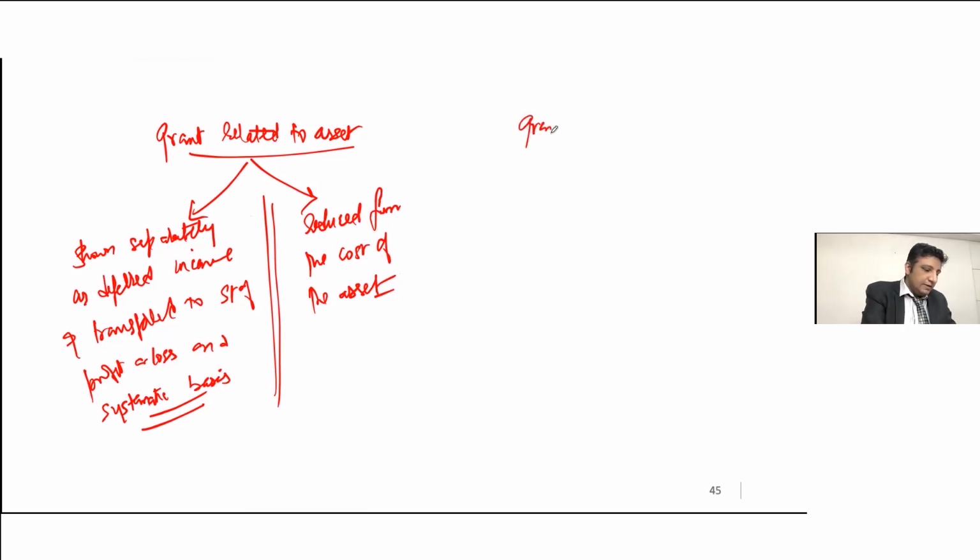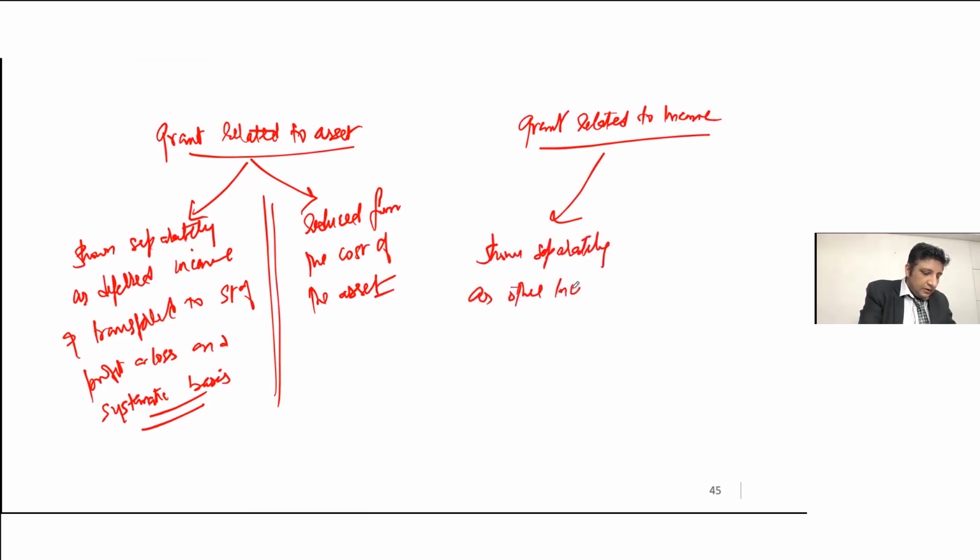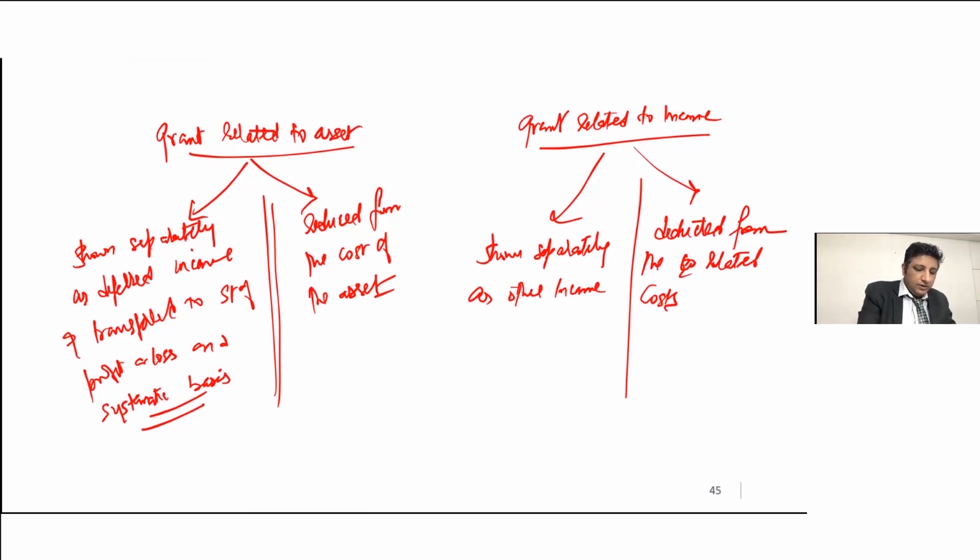Likewise, a grant related to income again can be shown separately as other income, or alternatively it can be deducted from the related costs over the period.